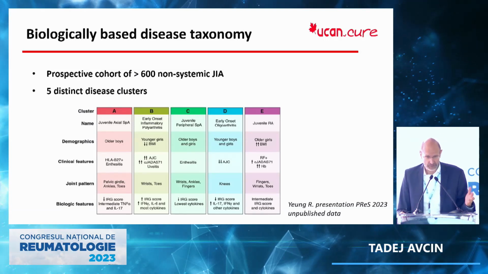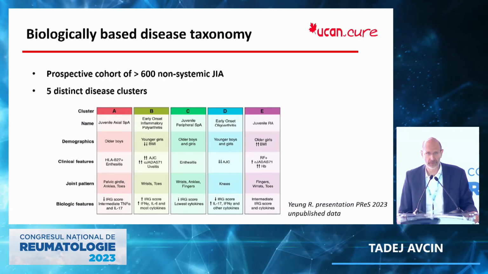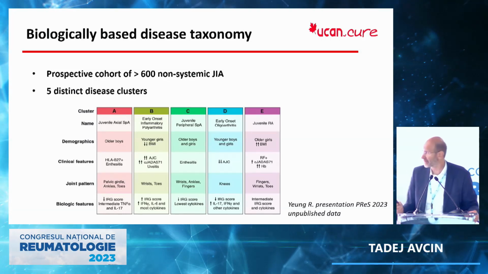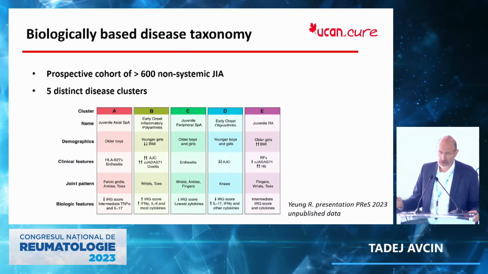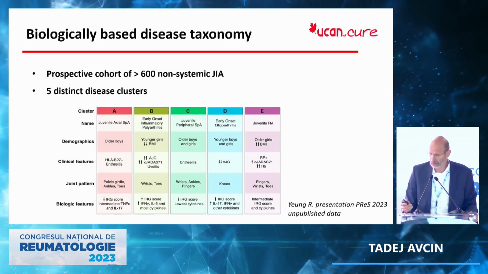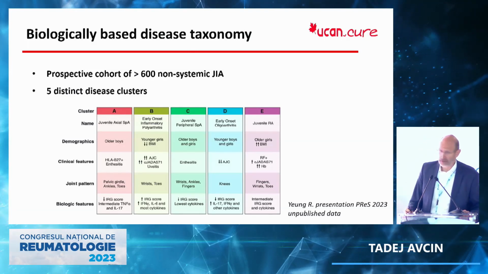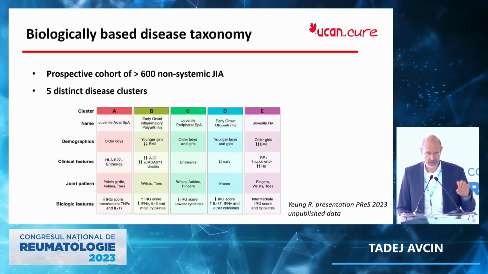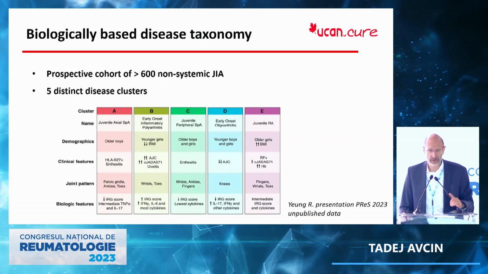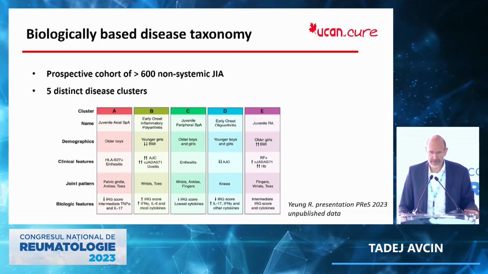One is juvenile axial spondyloarthritis, in the red column, with HLA-B27 present in older boys, which is a quite well-known disease. On the other side, you can see juvenile rheumatoid arthritis, rheumatoid factor positive, which is also a group that we knew even before. But very interesting, two columns were reported for the first time: a subgroup of patients with early onset polyarthritis, particularly younger girls with a high interferon signature and polyarticular involvement with wrist and toes.